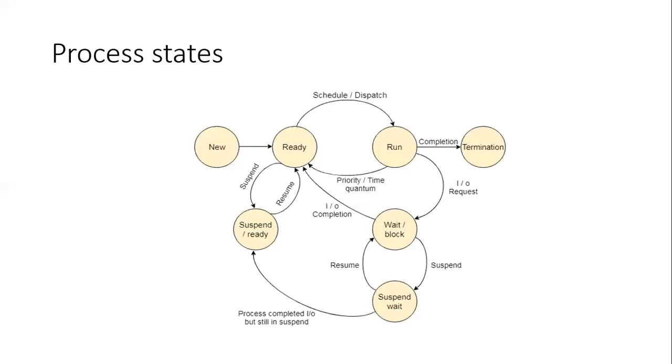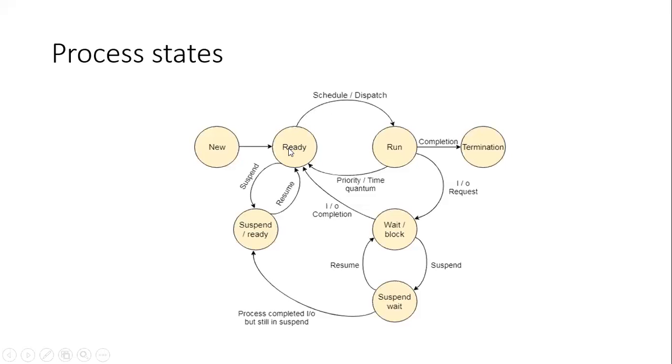If we have only one CPU, you can execute only one process at a time, not more. So I have 10 processes ready for execution, but out of 10 only one process can execute at a time.